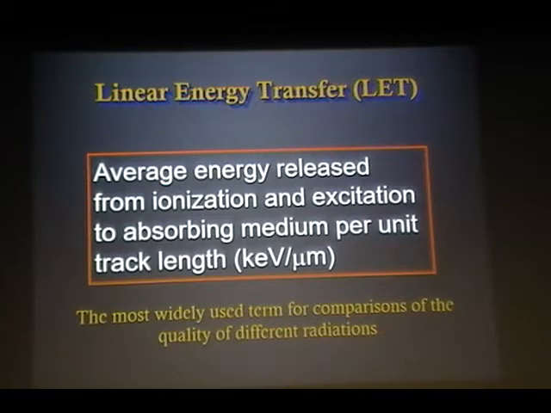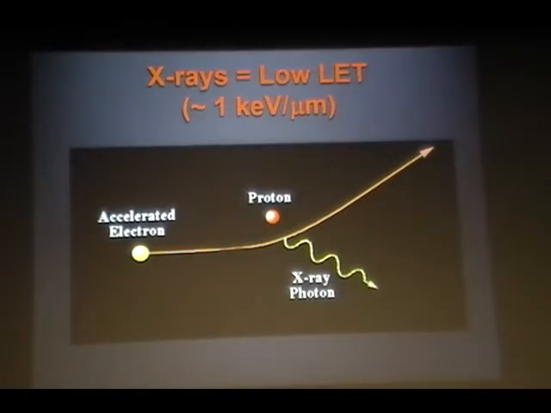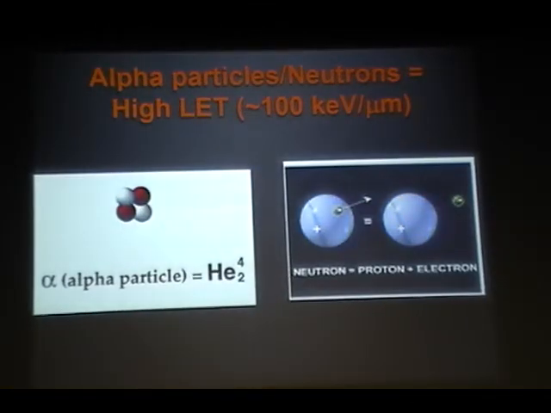LET is the amount that we use to check what kind of radiation damage is being caused. We use that LET term. Dental x-rays have very low LET. Alpha particles have very high LET, which means they cause a lot more damage compared to x-rays in general.